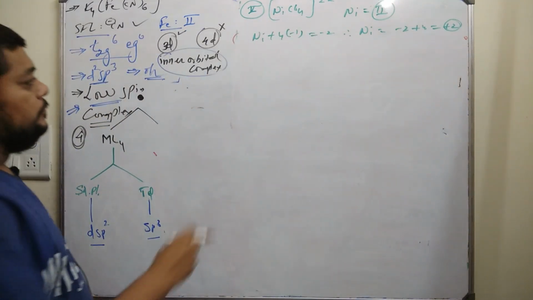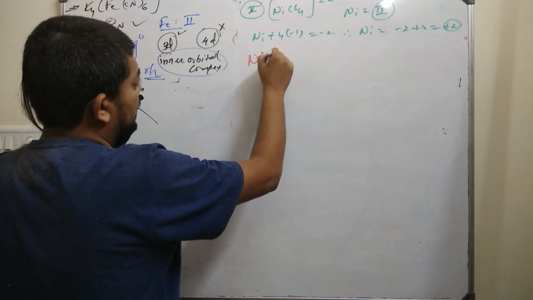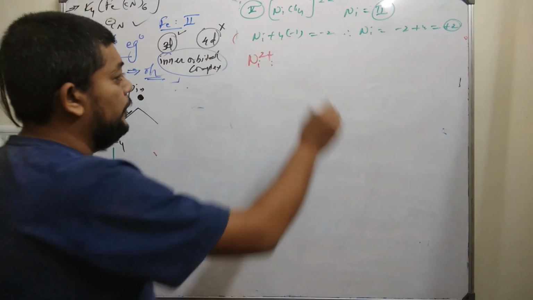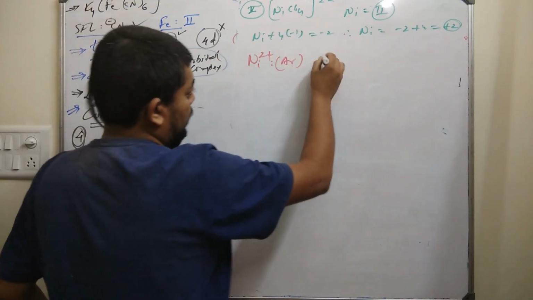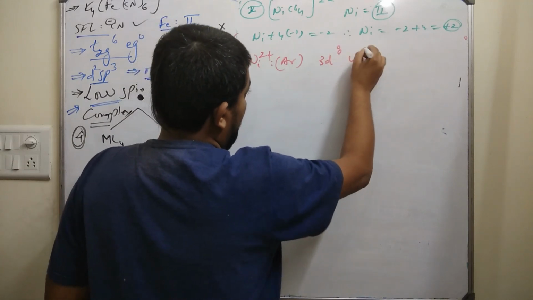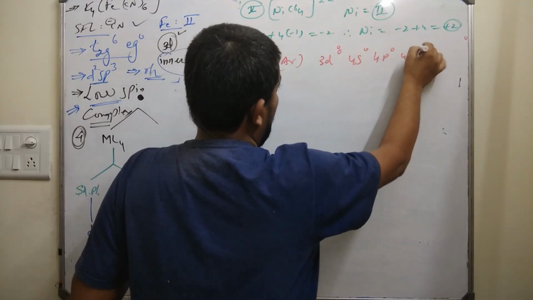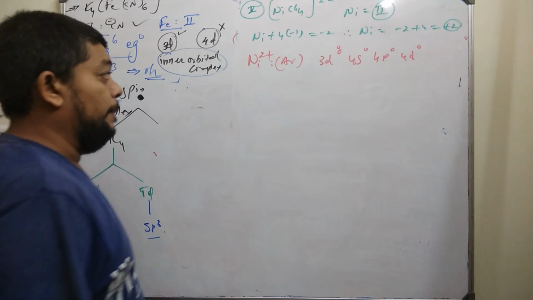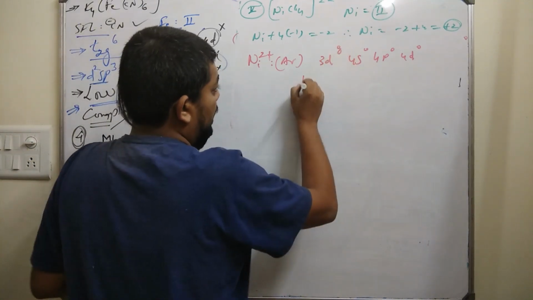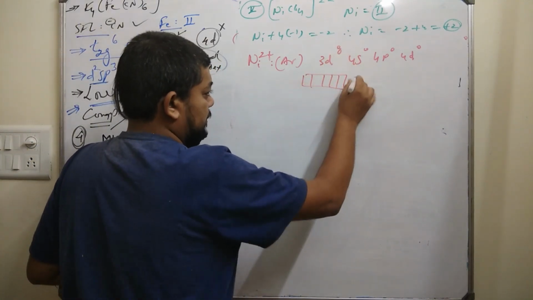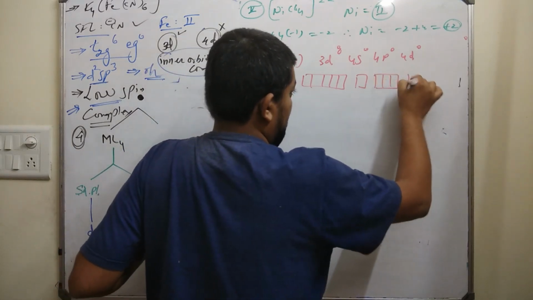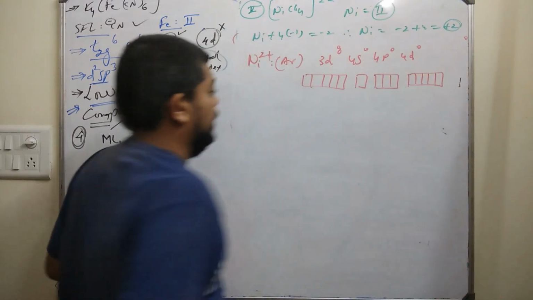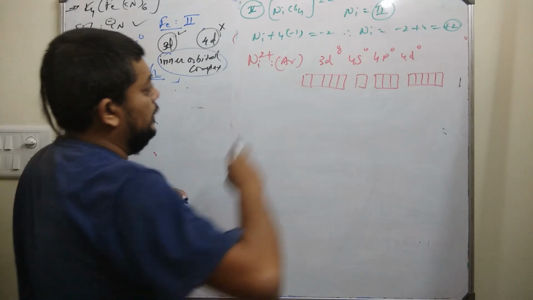Now, when you have Ni in its plus 2 state, you are very clear that it's argon 3d8, 4s0, 4p0, 4d0. Be very clear. I am repeating the things, but now there will be a few changes that will take place.